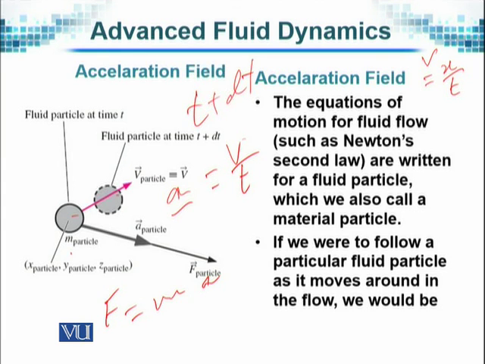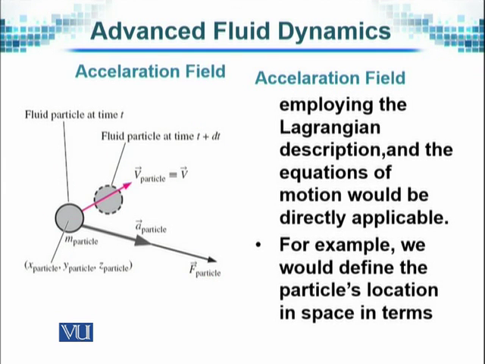The same here: the x component of the particle, the y component, the z component. So here we are considering each particle under consideration, its movement, and its change in velocity after a certain time.